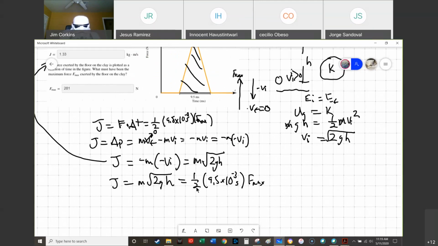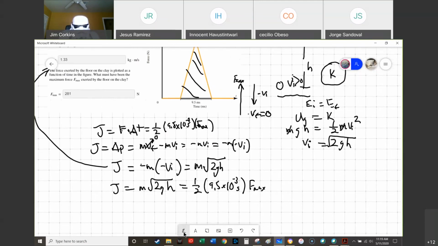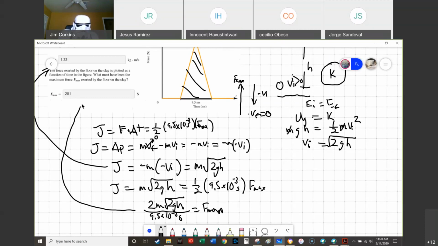Multiply both sides by 2, divide both sides by the change in time. This is the second part.